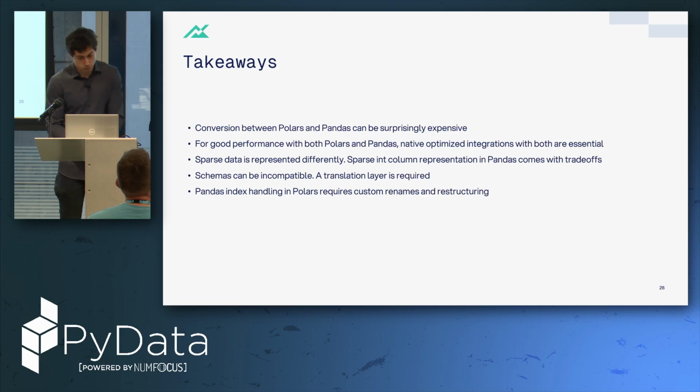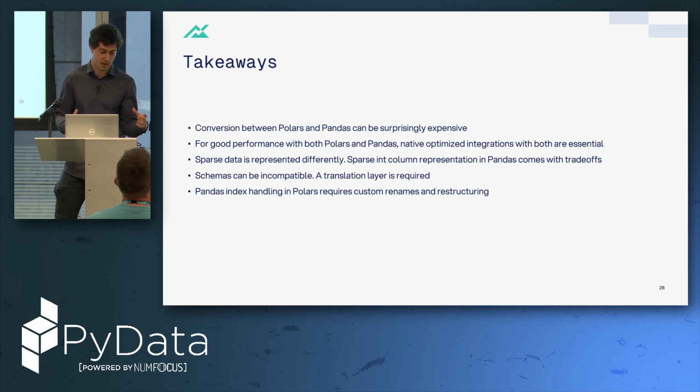So to wrap it up, some takeaways from this talk are that conversion between polars and pandas formats can be surprisingly expensive in some cases, especially if we're talking about pandas 2 and string columns. If you want your system to have good performance with both, you essentially have to have native integration with both formats.